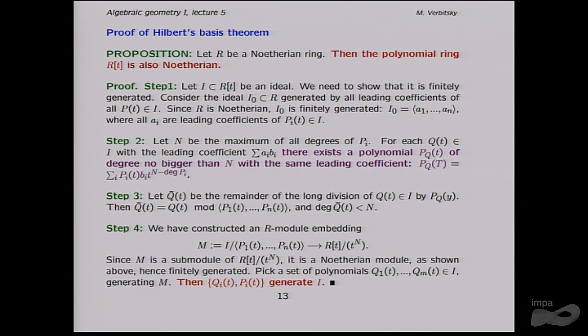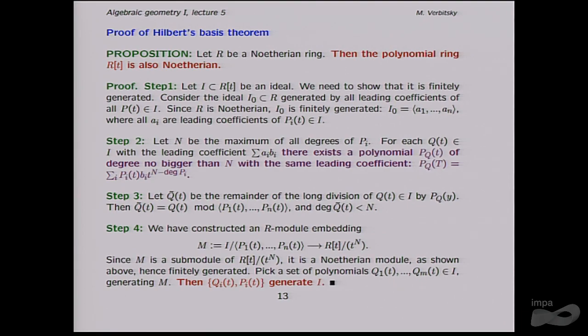The idea is, suppose you have an R containing a polynomial P of t, ideal I, which sits inside R of t. So this is an ideal in the polynomial ring. And suppose it contains a polynomial with leading coefficient 1.